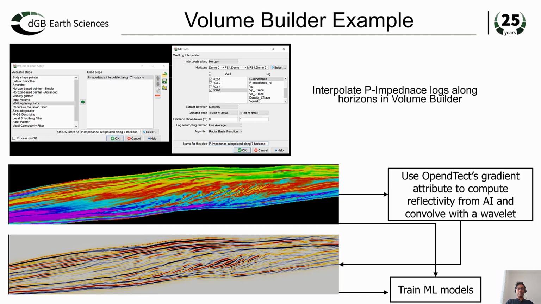So here is an example of the working of the volume builder tool. In here, what we have done is simply use a number of P impedance or acoustic impedance logs from 4 wells and have interpolated them along a number of horizons to create an acoustic impedance model, which is further used inside OpenDetect's gradient attribute to compute reflectivity and has been convolved with a wavelet to generate a synthetic data.